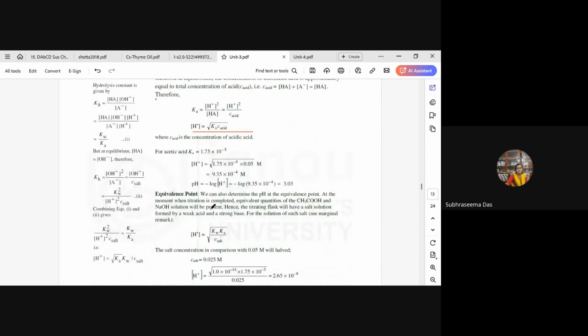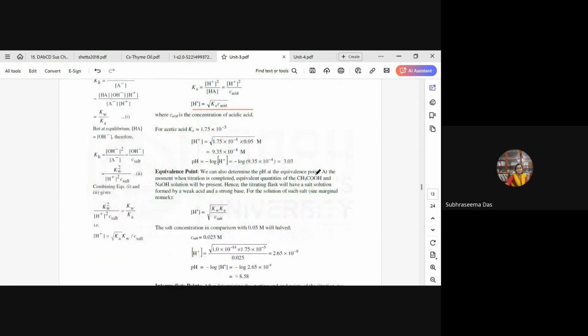The equivalence point of such titrations is reached when the titration is completed. Equivalent amounts of acetic acid and sodium hydroxide will be present at the end point. So the conical flask will have a salt solution that is formed by a weak acid and a strong base.